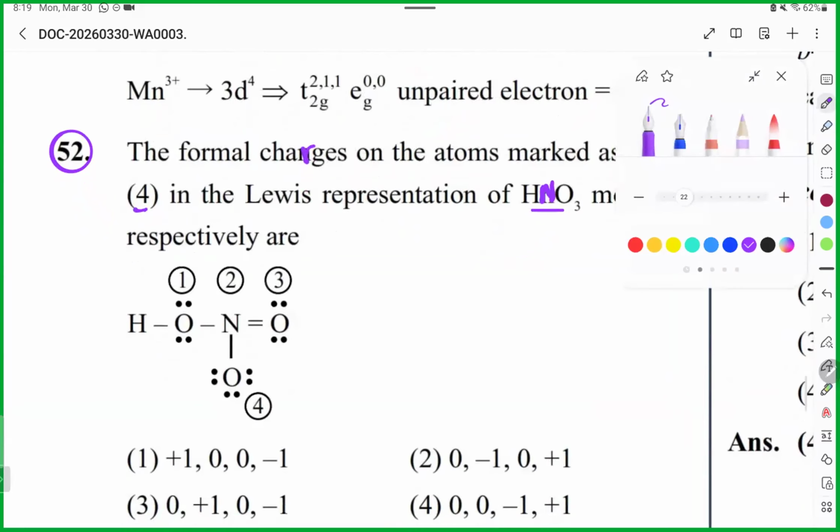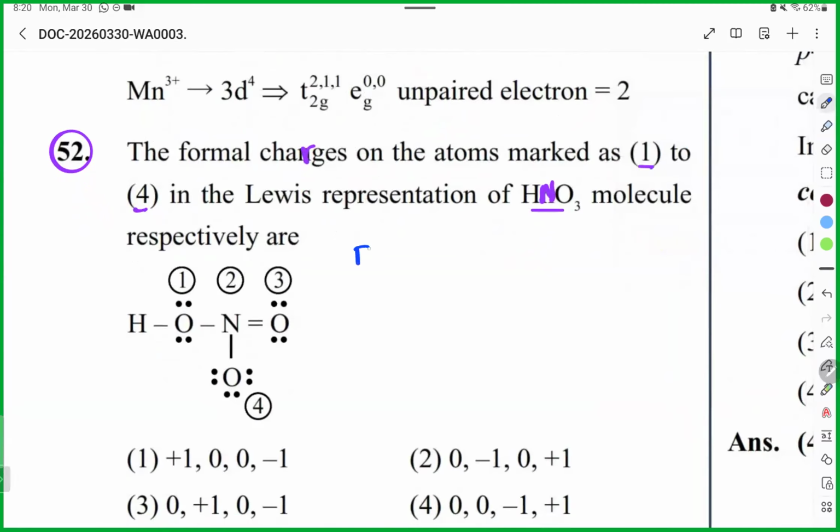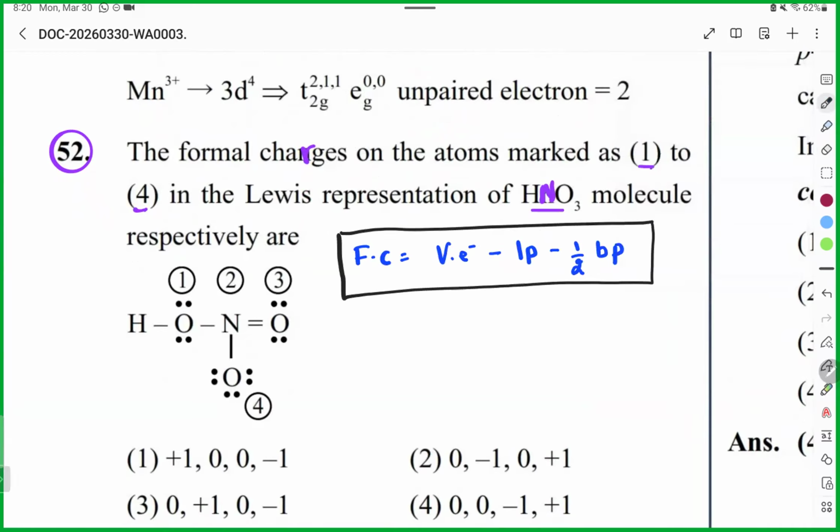And what is the method to calculate formal charge? Formal charge is the number of valence electrons minus the number of lone pair electrons minus 1 by 2 the number of bond pair electrons. Okay, this is the method you can use to calculate on each. This is a question from chemical bonding.